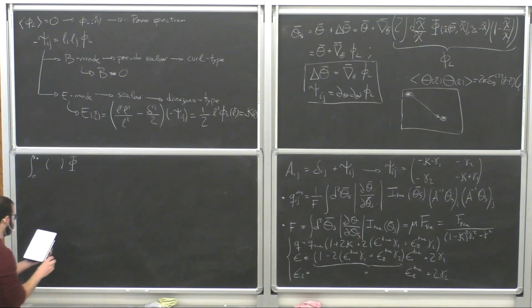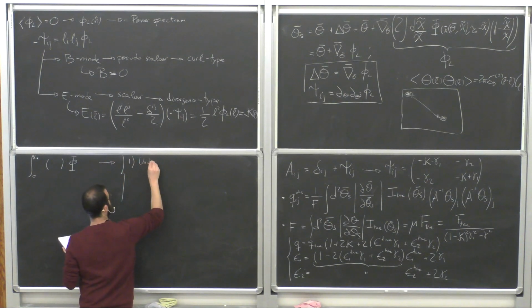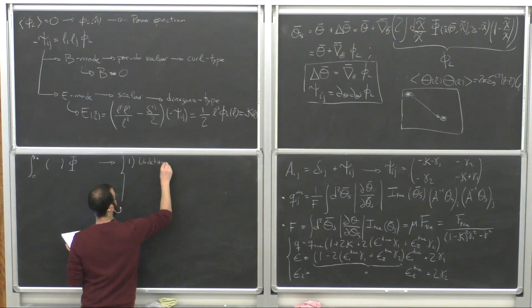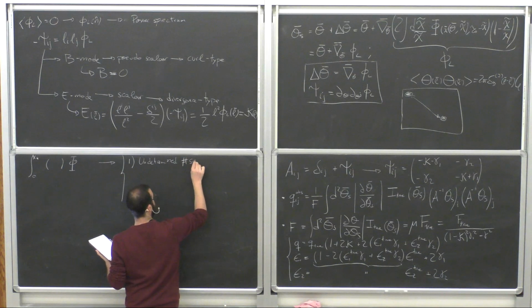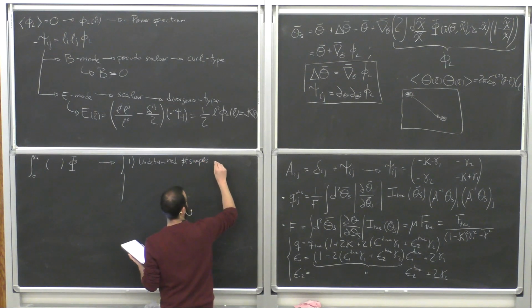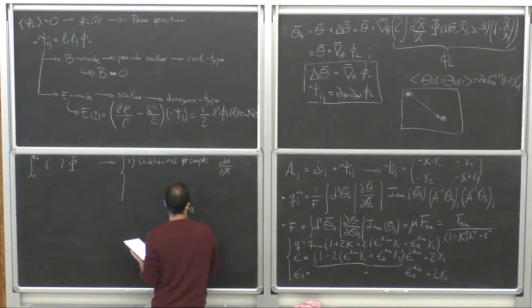So first of all, the first change is that we have an undetermined number of samples distributed with some redshift distribution, which we can directly write as dn over dk.